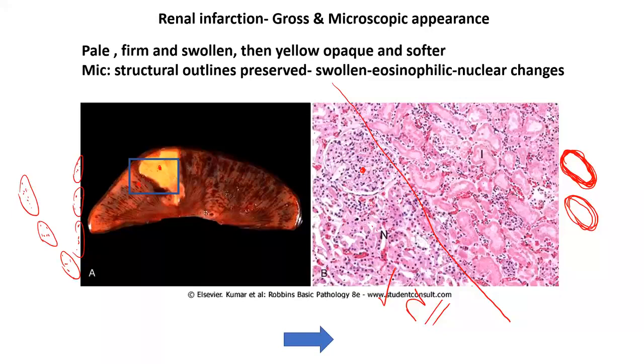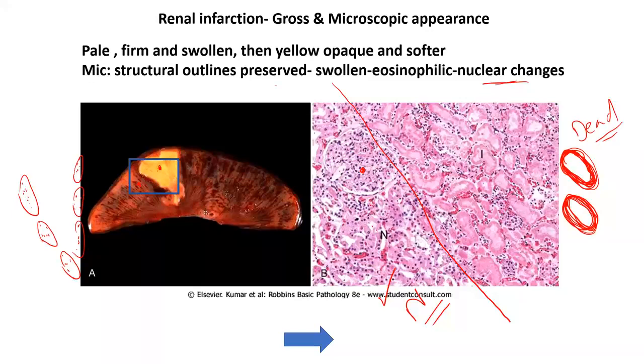This is the normal side, but you can't find any nuclei inside the tubular epithelial cells. So you have the ghosts of your tubules without nuclei like that, and in between you have these inflammatory cells. So I have this dead part with dead cells lining the tubules, just ghosts of tubules with intact structural outlines.